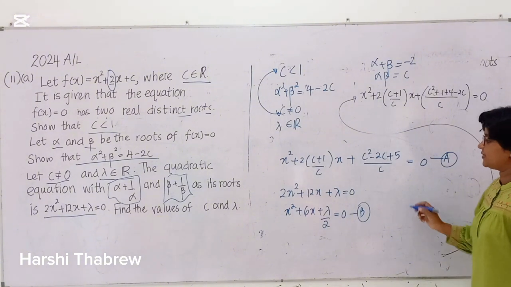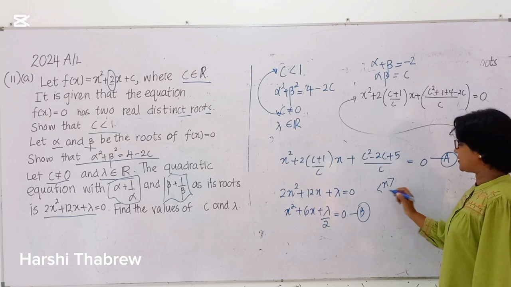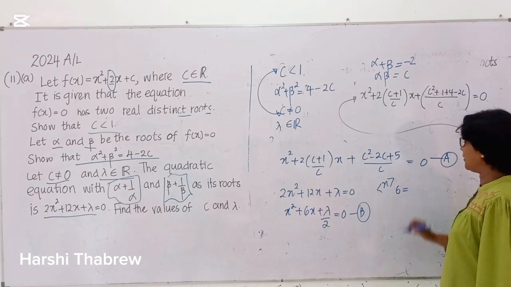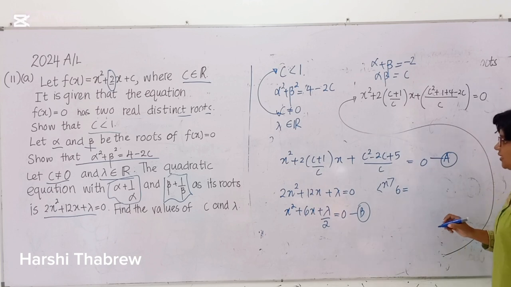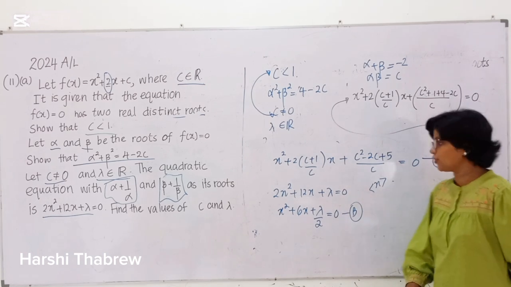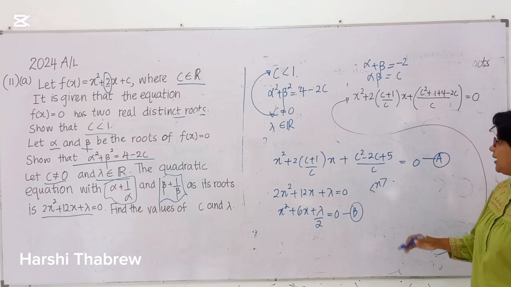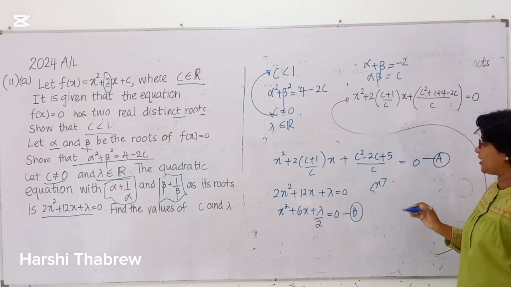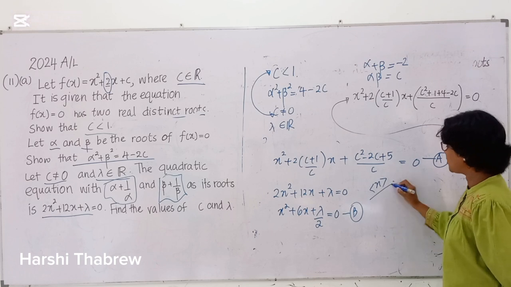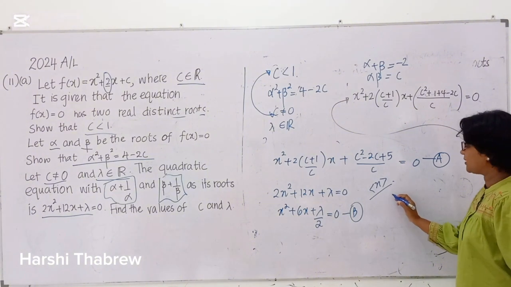So when we consider the coefficient of the x term, it's 6 in equation B. In equation A, it's 2 times (c plus 1 over c). Okay, let's equate the coefficients of the two quadratic equations A and B. Now you can see the coefficients of x terms. In equation B, it's 6.